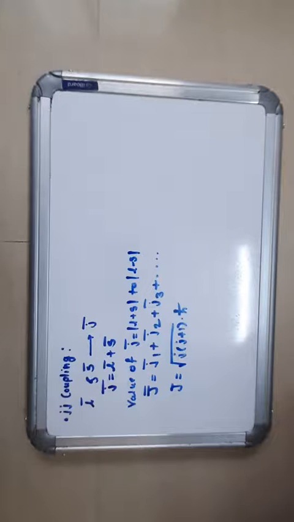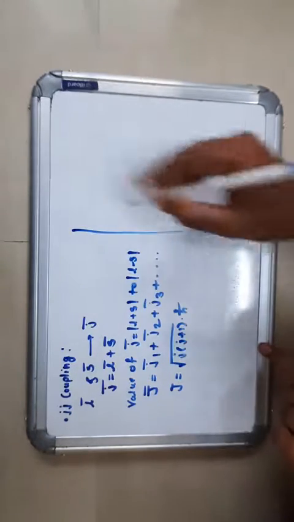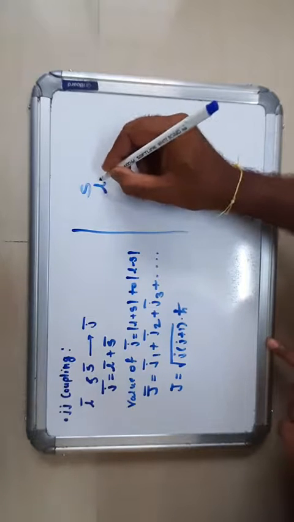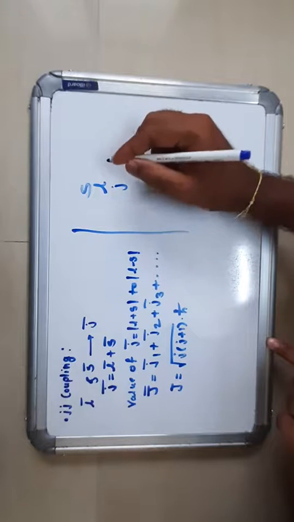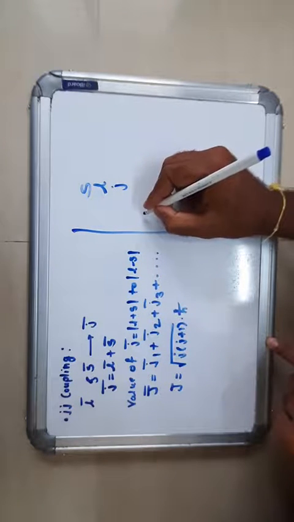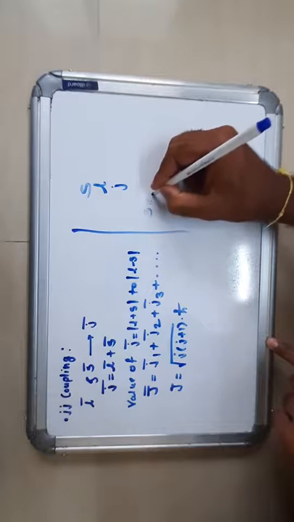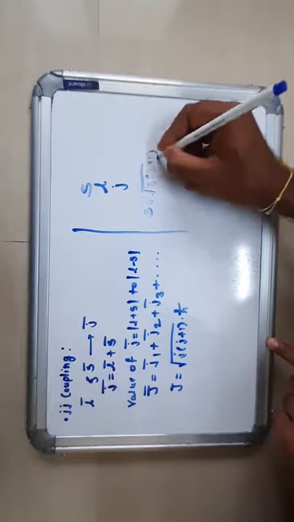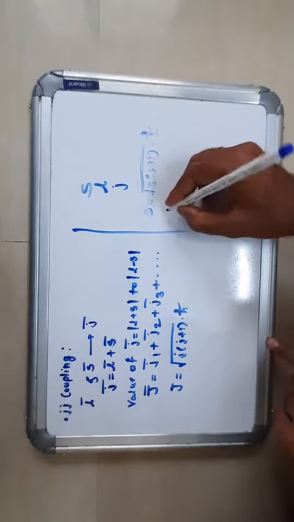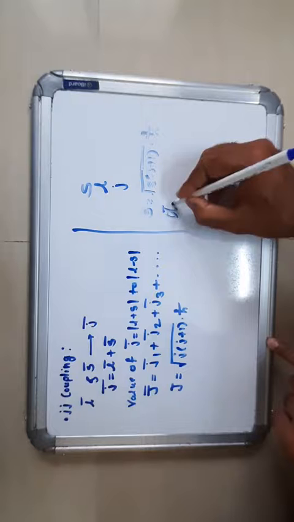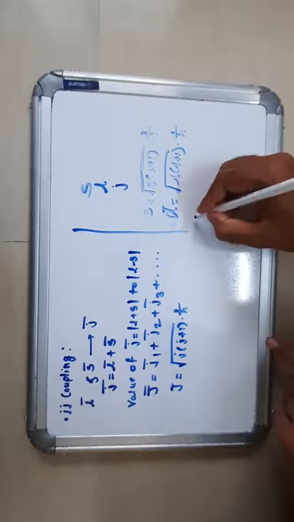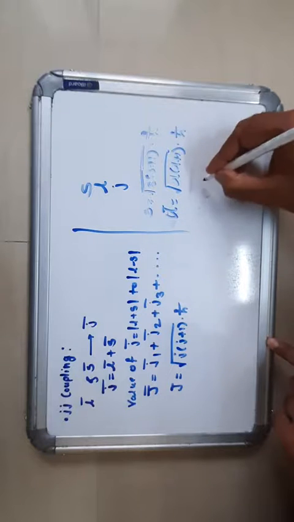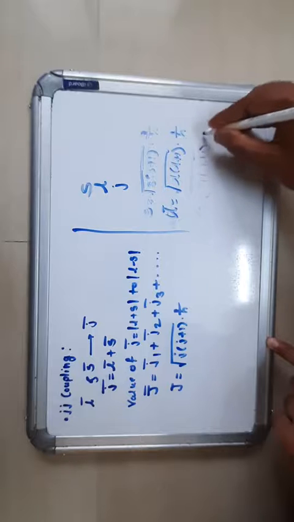Spin angular momentum is denoted by letter S, orbital angular momentum by letter L, and total angular momentum by letter J. Then we discuss the coupling system. The total spin angular momentum is equal to under root S into S plus 1 into h cut. Then orbital angular momentum L bar is equal to under root L into L plus 1 into h cut, and total angular momentum J bar is equal to under root J into J plus 1 into h cut, and so on.